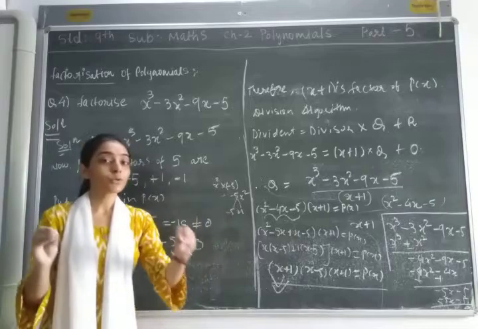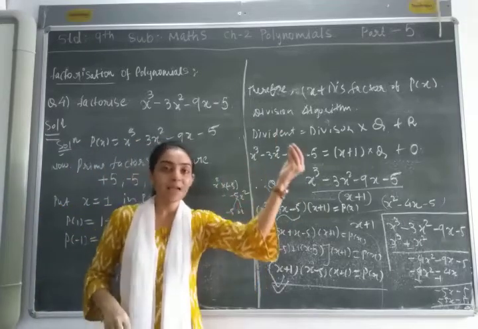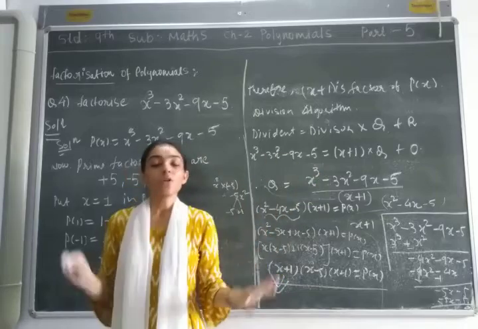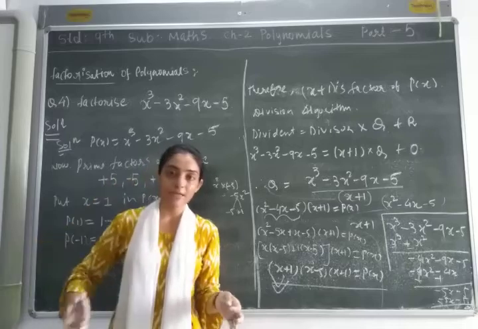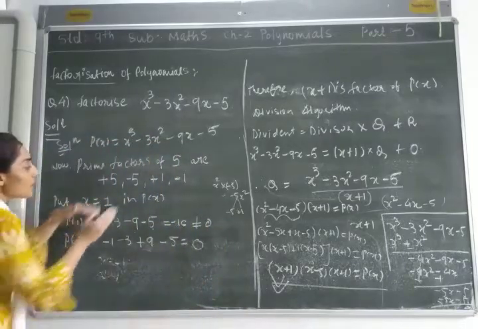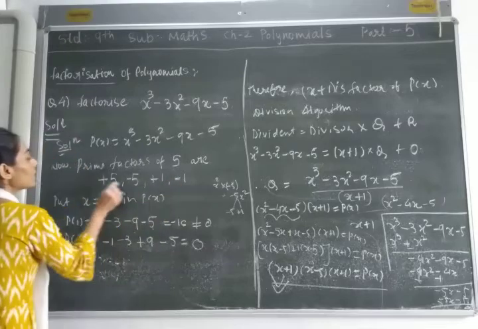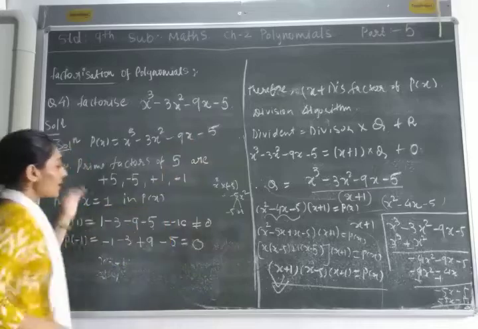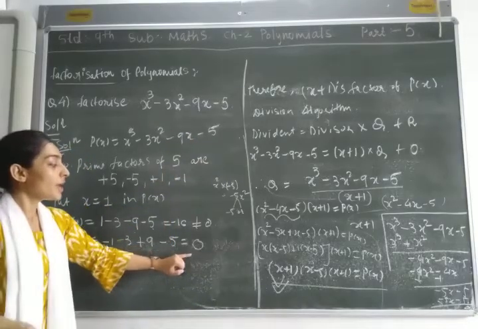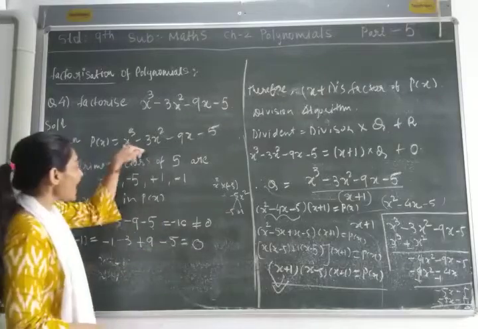For 1 there are 2 possibilities, plus 1 or minus 1, and for 5 again 2 possibilities, plus 5 and minus 5. We put all these numbers into the polynomial. If I get 0, that number is a factor.